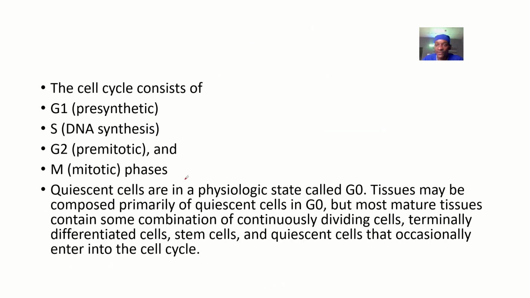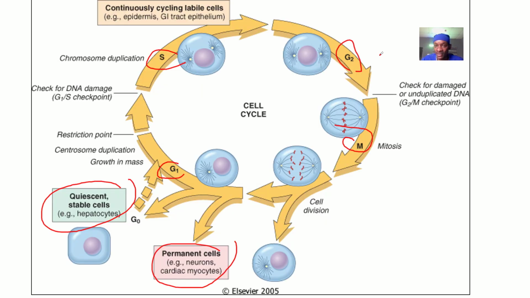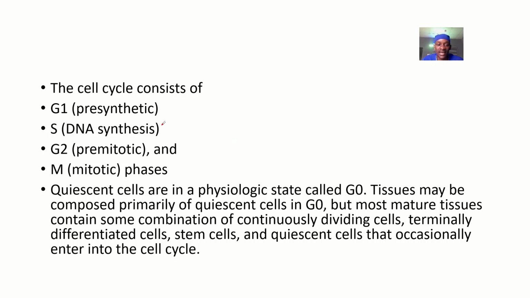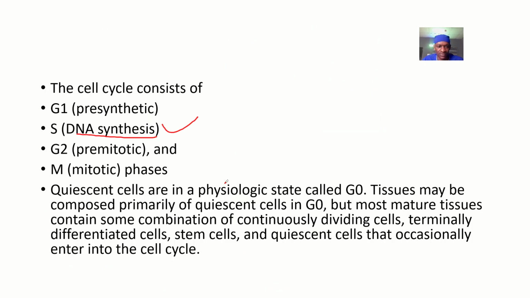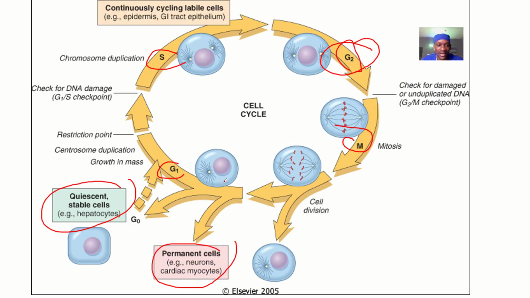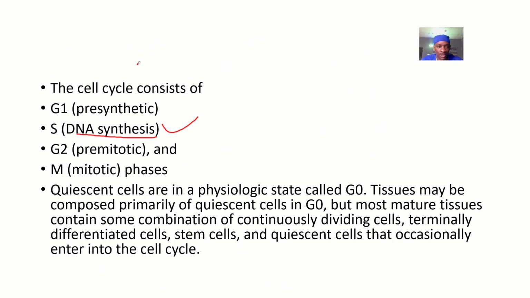So let's have an overview of what the cell cycle is, also known as the tissue proliferative activity. The cell cycle consists of the G1, which is known as the pre-synthetic phase, all right? It has the S, which is also known as the DNA synthesis, or the chromosome duplication, whichever you want to call it.